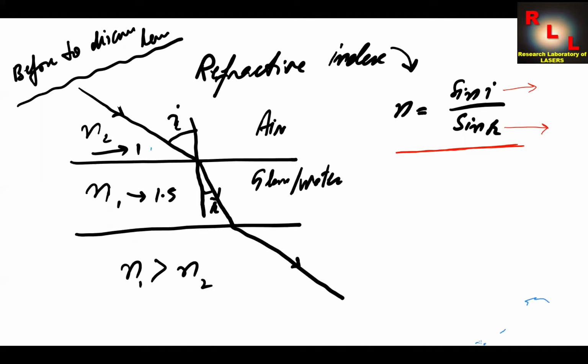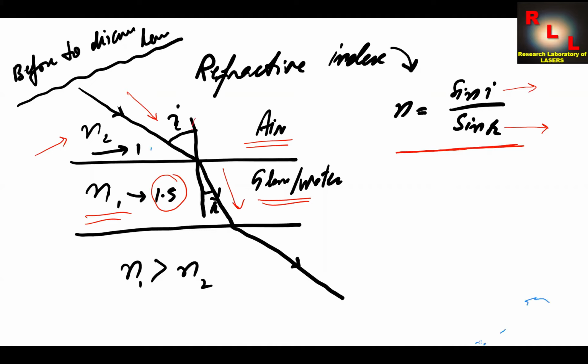So what do you see in this diagram? That light is coming from one medium and entering another medium. We assume that the first medium is air with refractive index N2, and the second medium is glass or water with refractive index N1. Here we are considering glass, so that is why I wrote 1.5 here.